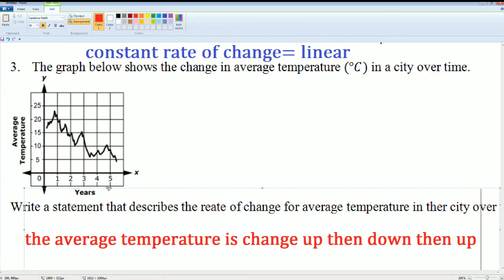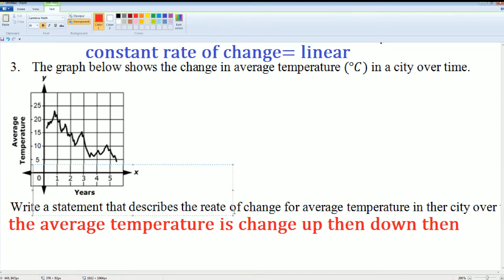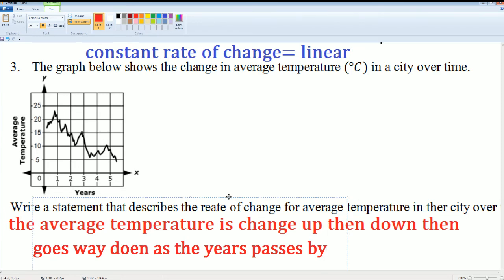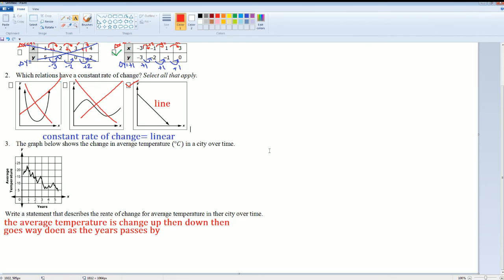The average temperature is changing up, then going down, then going way down as the year passes by. Okay. Yeah, I mean, that's about it.